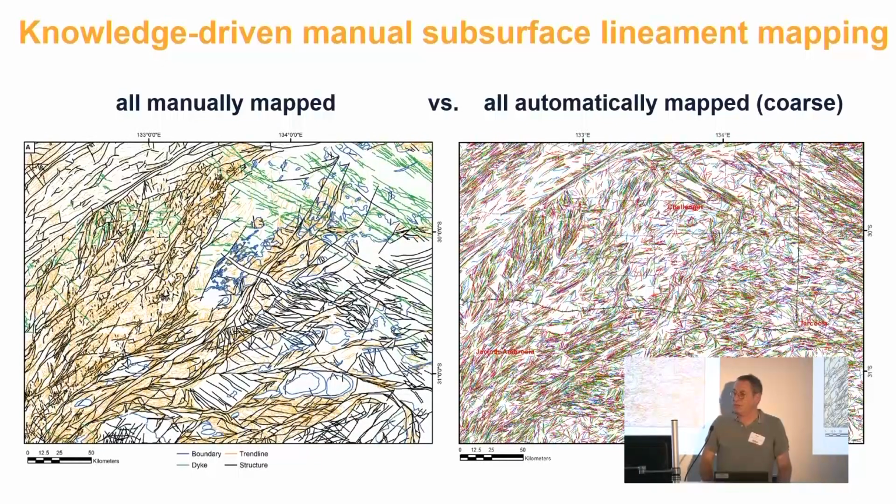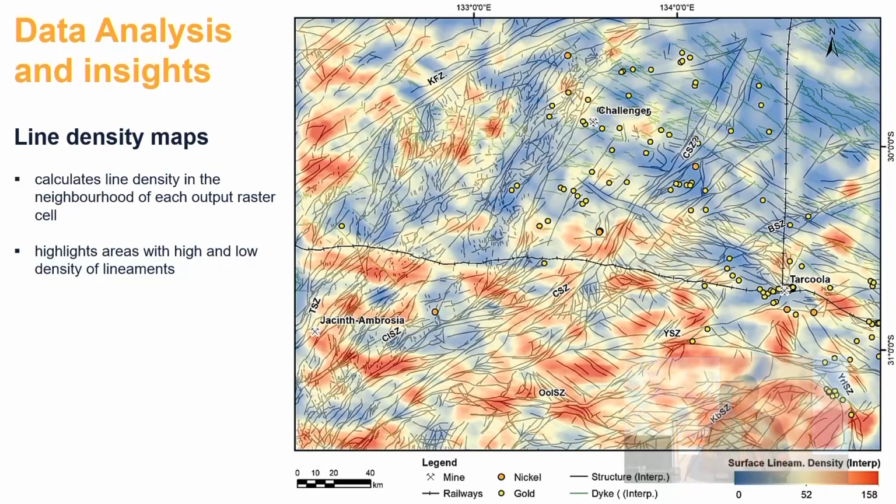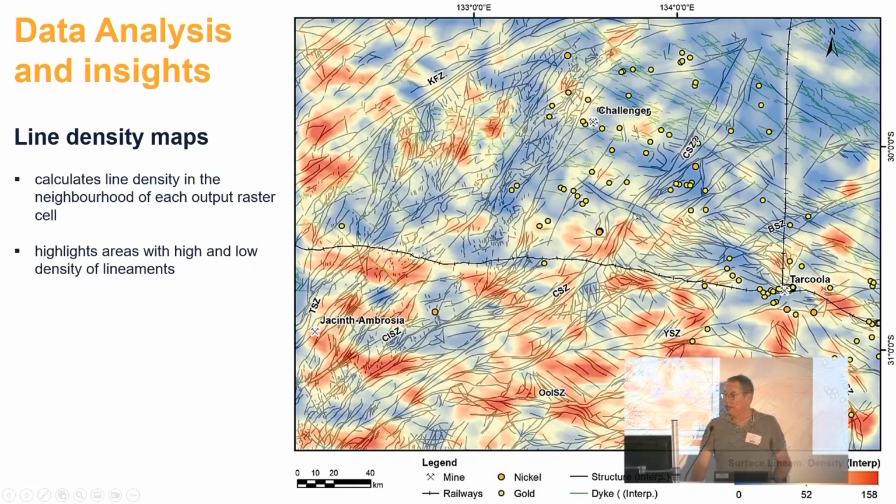Now, once we've done all this, what can you do with it? Something you can do, which is quite interesting, is density maps, say how close are they. You can have orientations, length, you can start clustering. So in this case, I think the lines are the manual interpretation for the subsurface, and the basement is the manual interpretation for the surface. So you can start looking for patterns.